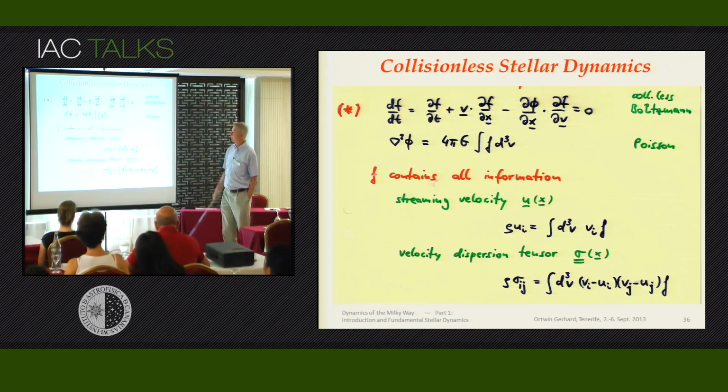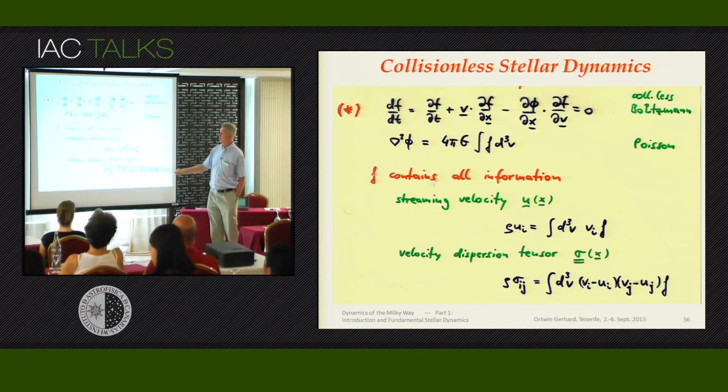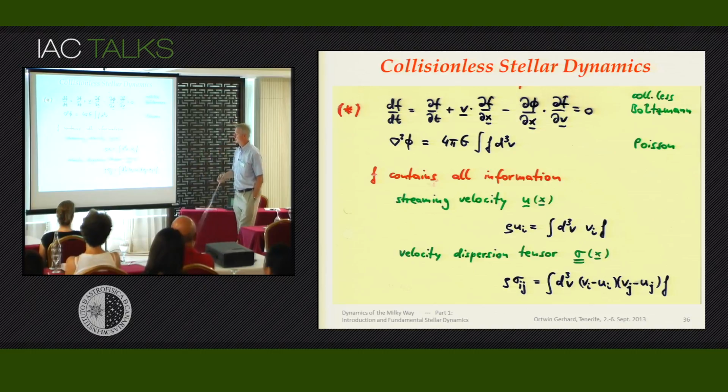So we've already determined the mean velocities, and now we look at the differences of stellar velocities relative to the mean velocities at the position. And then we integrate those second-order differences, again over velocity space, and that gives us something that is a quadratic function in the velocities at a position r, or x, in this notation.